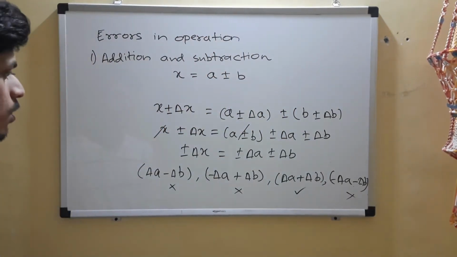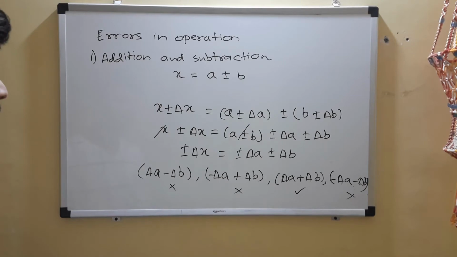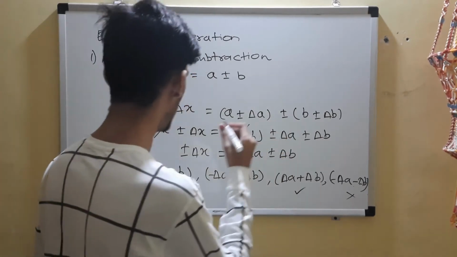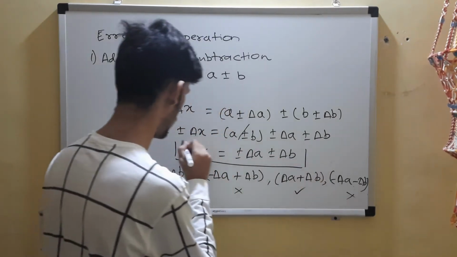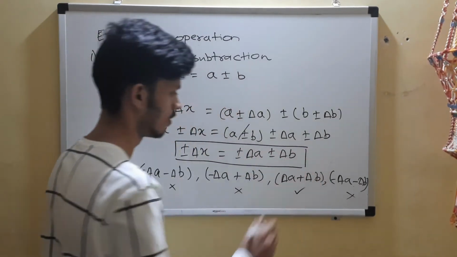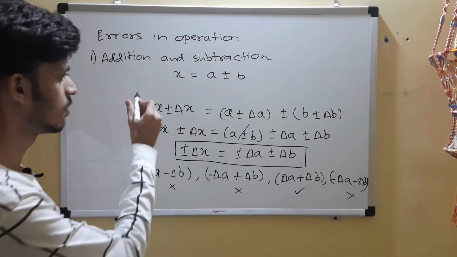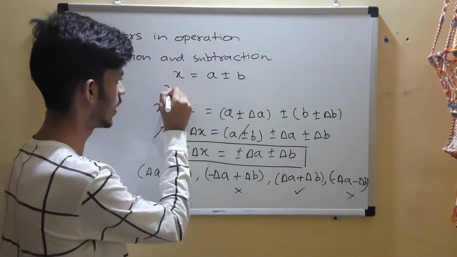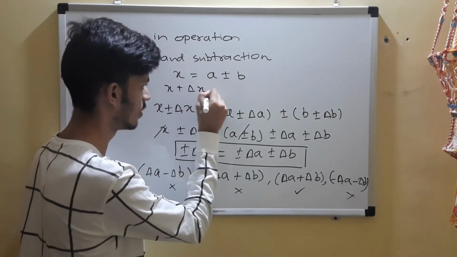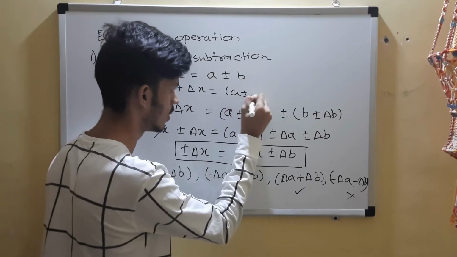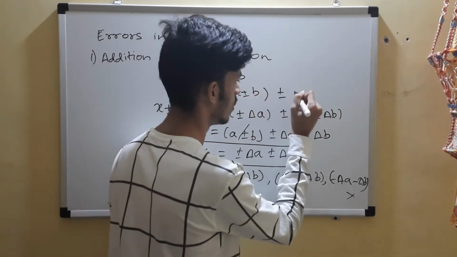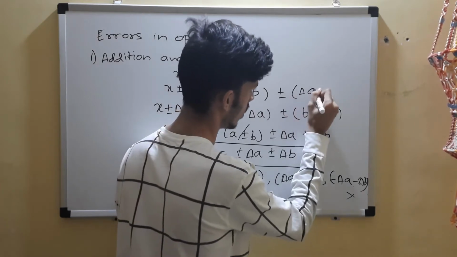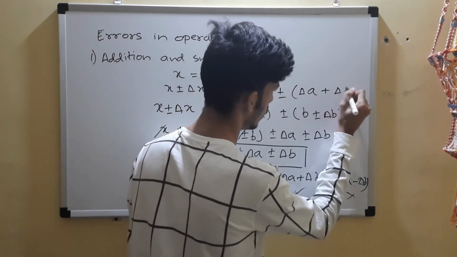So what is the final way of saying that? The error in x, you have to say it this way, or you can always say x plus delta x is a plus minus b, plus minus delta a plus delta b.